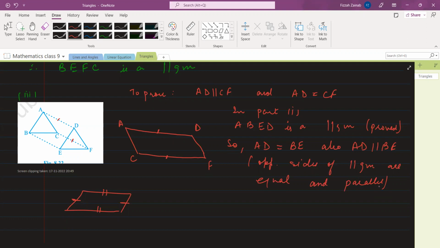Yes, ma'am. Okay. Now, in part 2, we proved that this is a parallelogram, the base. So in the second part, we proved that BEFC is a parallelogram, right? We have proved it.